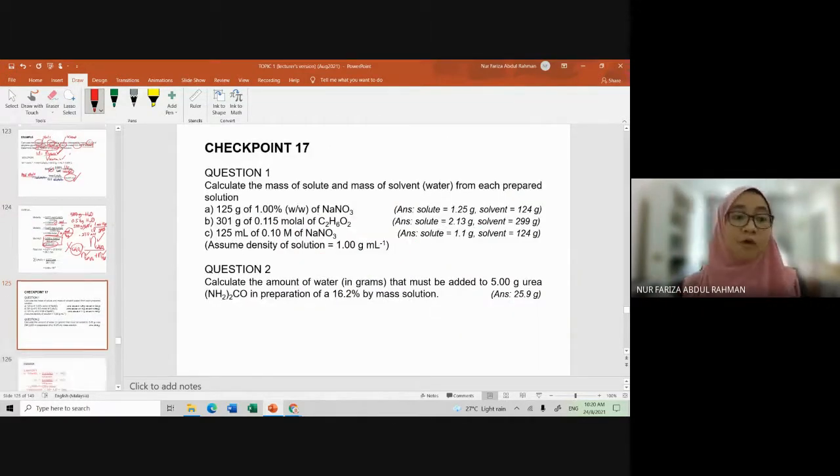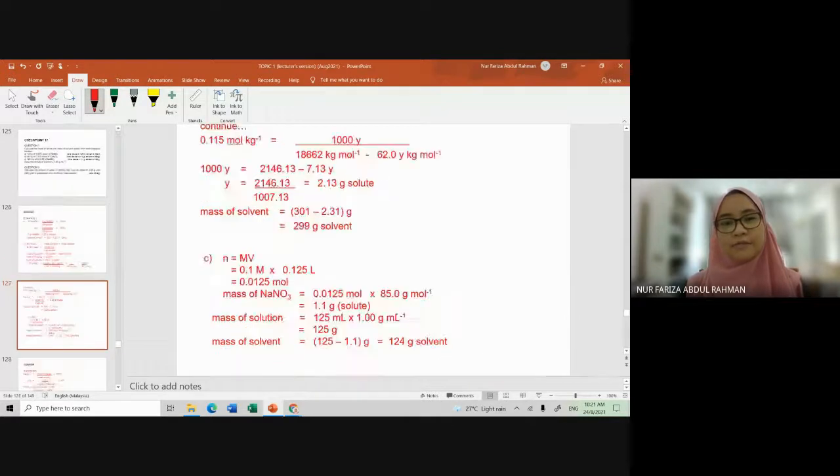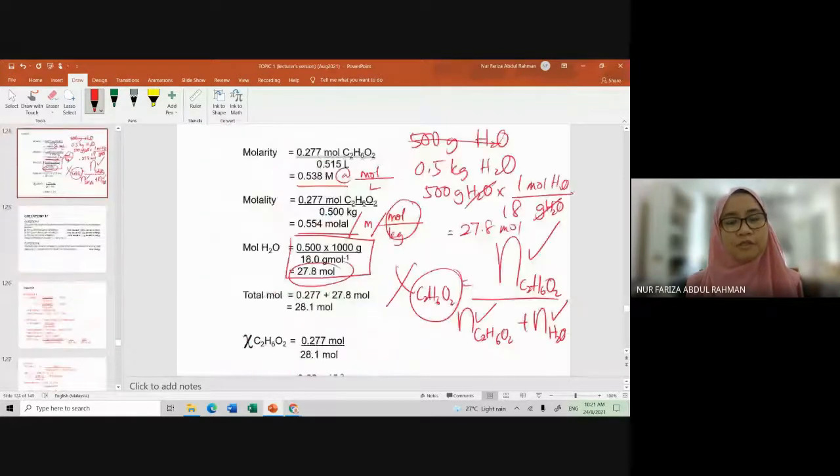We have 2 checkpoints for concentration expression. After we have covered the last subtopic, which is subtopic 1.10, we will come back to this checkpoint. If not, please make sure that you complete the checkpoint, and later on you have to submit it.